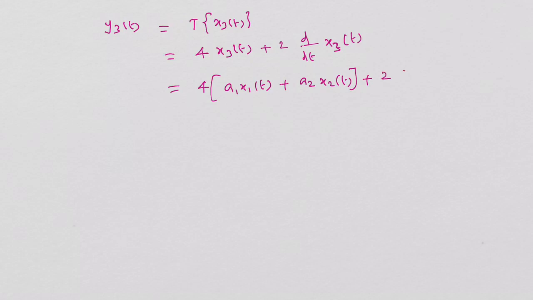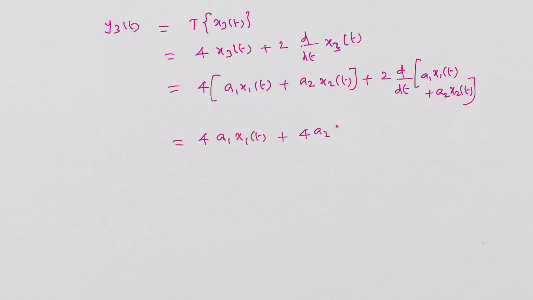So this will become 4 times a1 x1 of t plus a2 x2 of t, plus 2 times d by dt of a1 x1 of t plus a2 x2 of t. If I start expanding this equation, you will find 4 times a1 x1 of t plus 4 times a2 x2 of t plus 2 times a1 d by dt of x1 of t plus 2 times a2 d by dt of x2 of t.